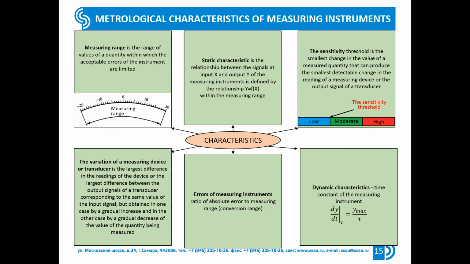This is important when selecting instruments depending on the specified accuracy of the measurement. The accuracy class of a particular type of measuring instrument is specified in the technical specifications or in other normative documents. It should be noted that measuring instruments having several measuring ranges may have several accuracy classes.